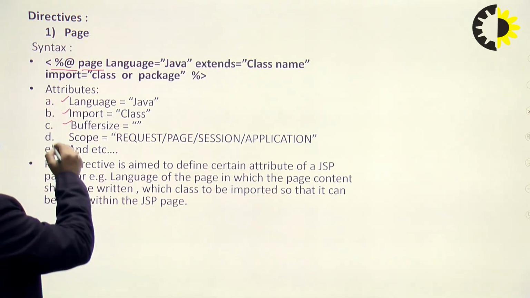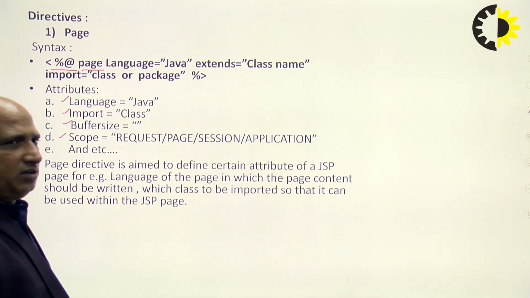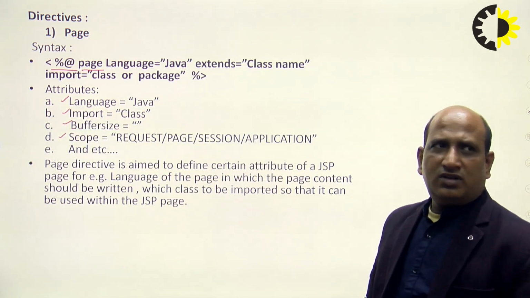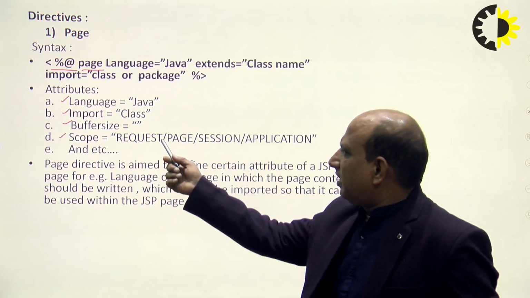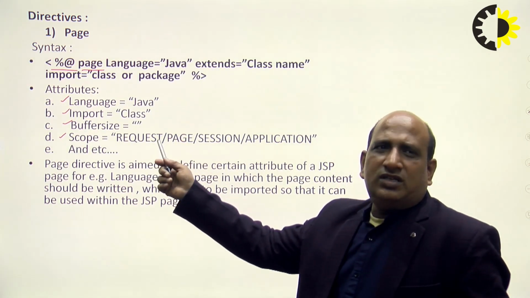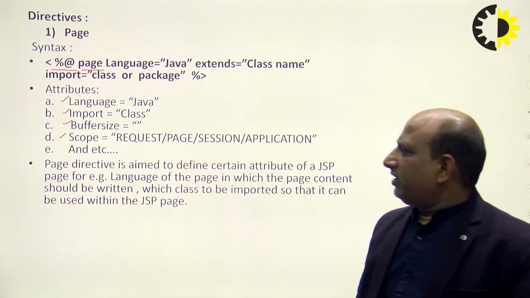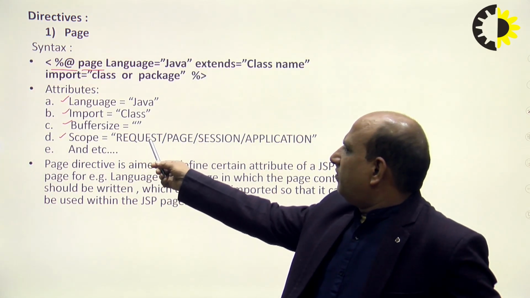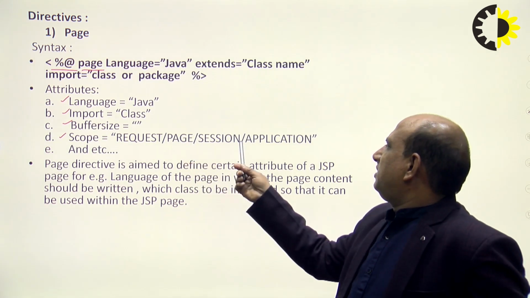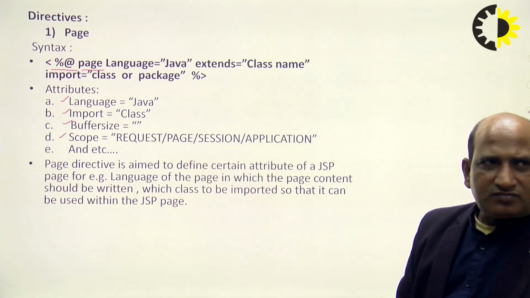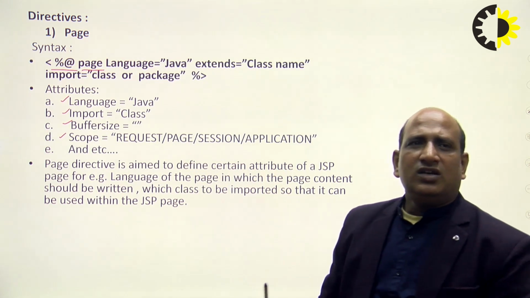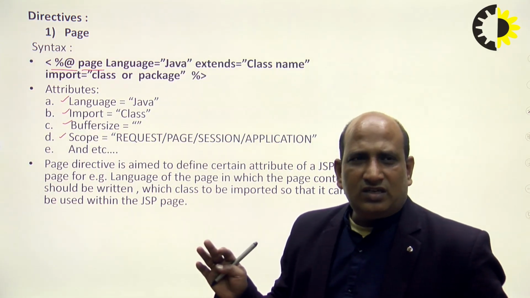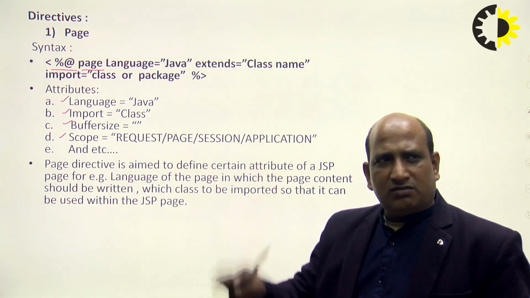So let us discuss what the scope tells. This scope attribute of the directive tag may have the value of request, page, session or application. That tells the scope of the current page.